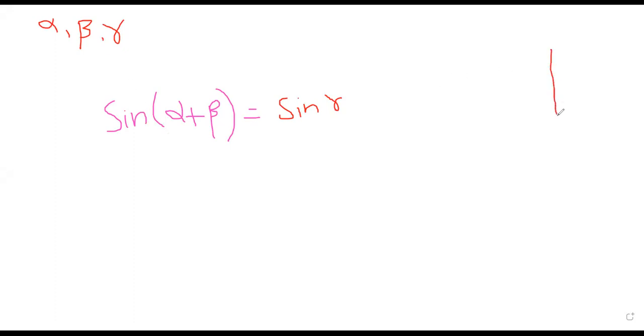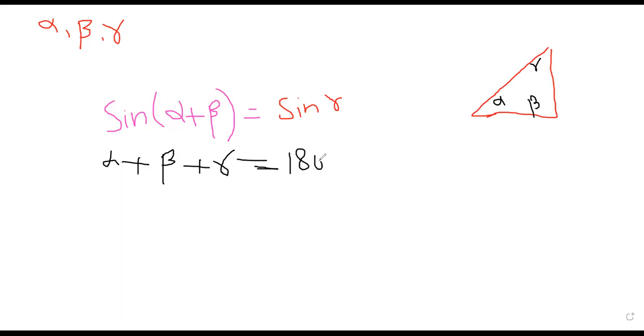If I make a triangle, there are three angles of this triangle: alpha, beta, and gamma. We know that in a triangle, alpha plus beta plus gamma will be equal to 180. So on the left hand side, we have to find alpha plus beta. So the value of alpha plus beta will be equal to 180 minus gamma.